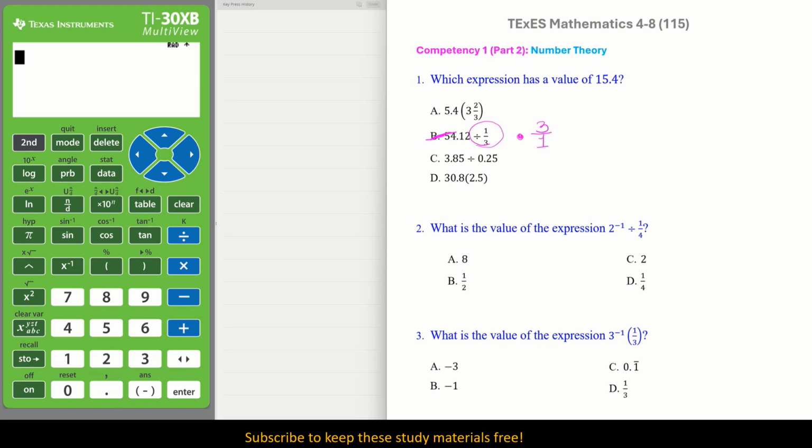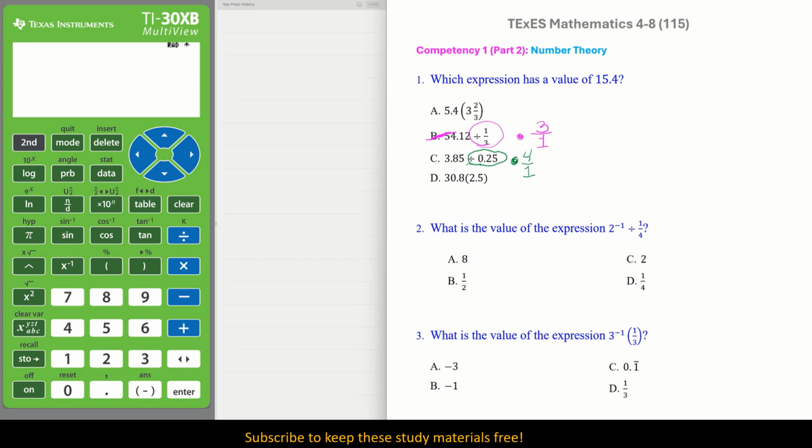C, I'm going to keep that, because if you look at what I said about B, and what we're doing here, by the way, is incorporating those properties that we know. 0.25 is 1/4, so dividing by it is the same as saying times 4 over 1, and 3 times 4 is 12.